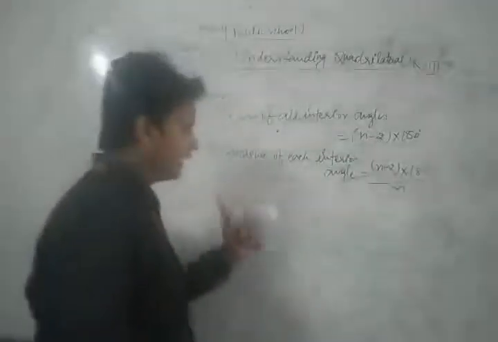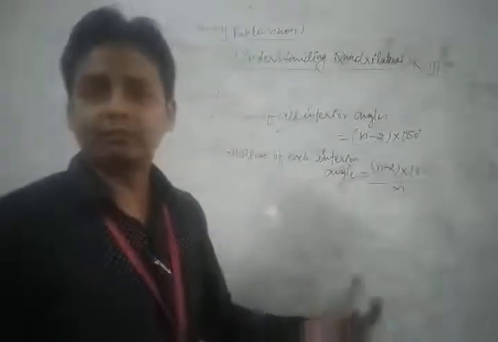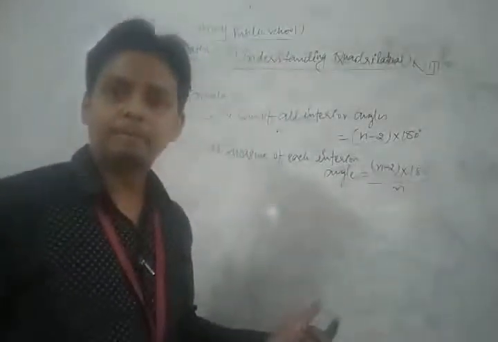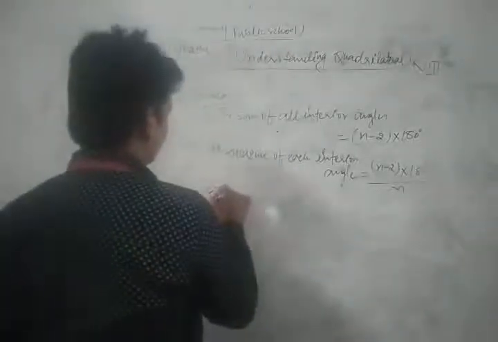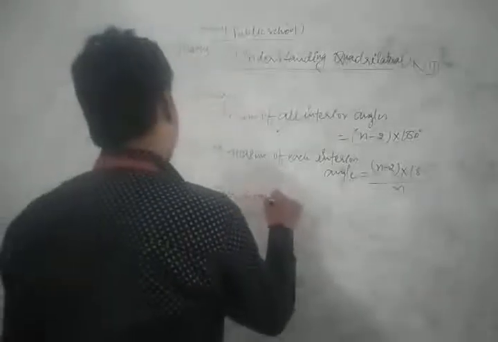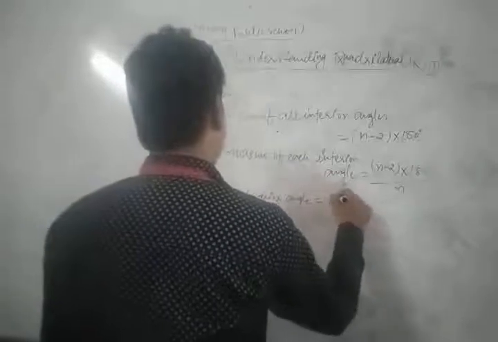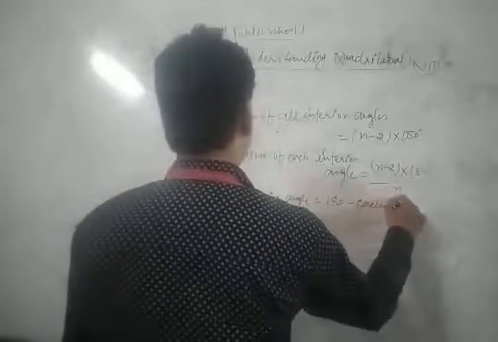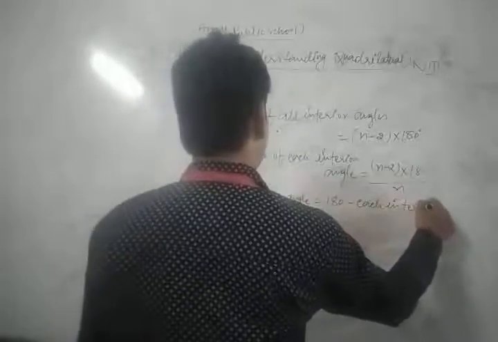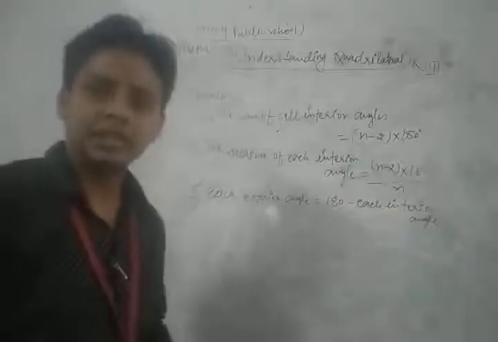Once we calculate each interior angle, another formula for finding each exterior angle is: each exterior angle is equal to 180 minus each interior angle. This is a very important formula.